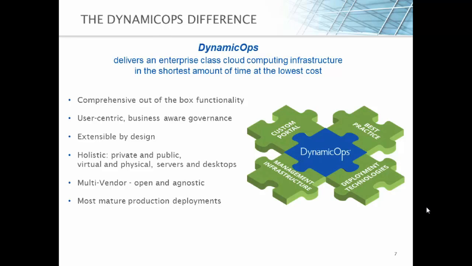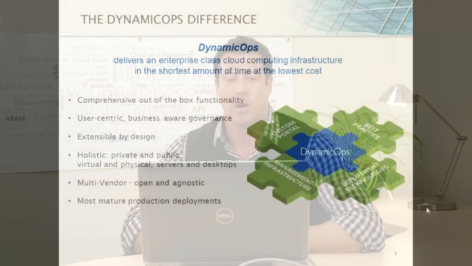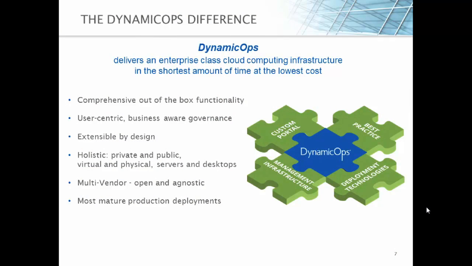So really with DynamicOps, we deliver an enterprise-class cloud computing infrastructure in the shortest amount of time with the least amount of cost. We have comprehensive out-of-the-box functionality that gets you to cloud very, very quickly. Our user-centric, business-aware governance really makes sure that each business unit gets exactly what it needs using the tools it needs. It's extensible by design, as you saw through the demonstration.